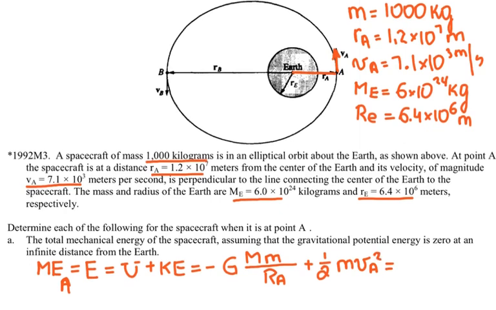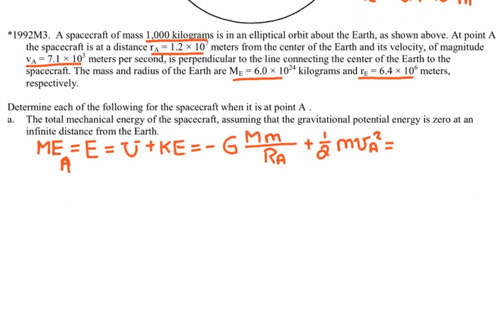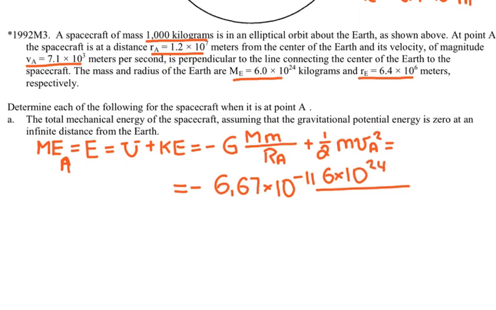And if I plug in my numbers, I have 6.67 negative, 10 to the negative 11. The mass of Earth is 6, 10 to the 24. Mass of the satellite is 1000.